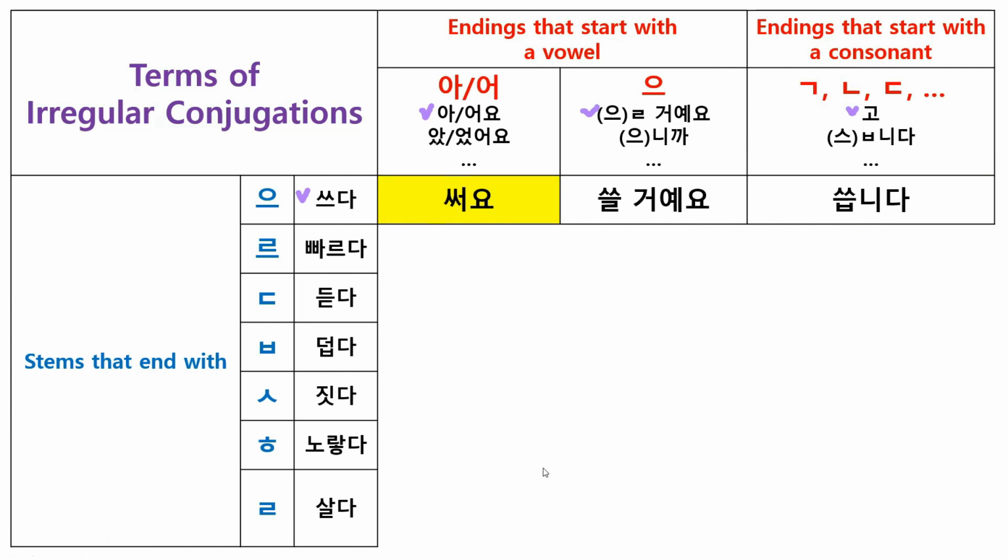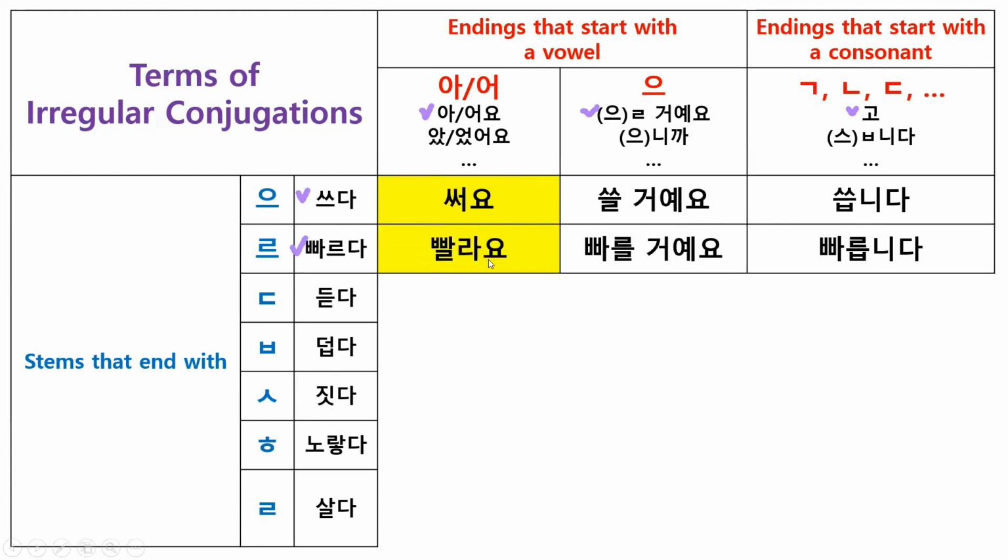Okay? And next one is 빠르다. 빠르다 becomes 빨라요, 빠를 거예요, 빠르고. 빠르다 is also conjugated irregularly only with the endings that start with the vowel 아 or 어, with other endings conjugated regularly.